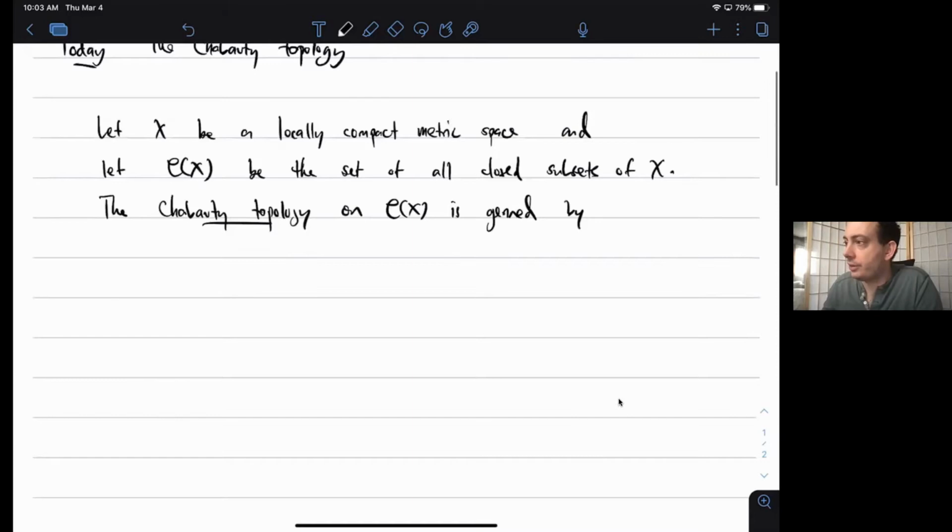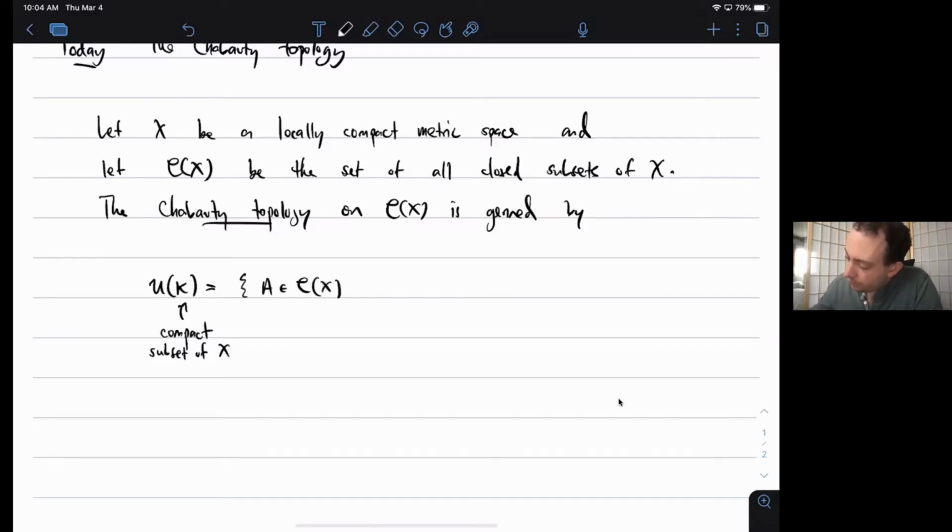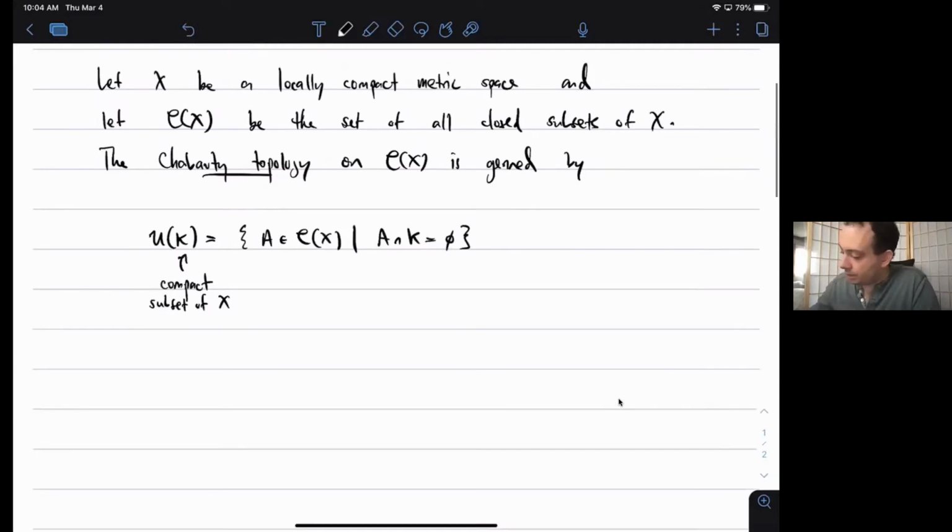So I can take the open set U of K, where K is some compact subset of X. For each compact subset of X, I can make a basic open neighborhood for the Chabauty topology, which includes all A that are closed subsets of X that don't intersect K. And that's one kind of basic open set.